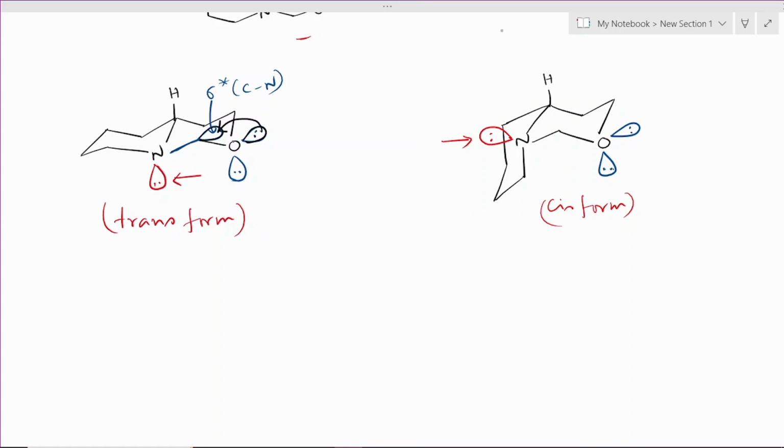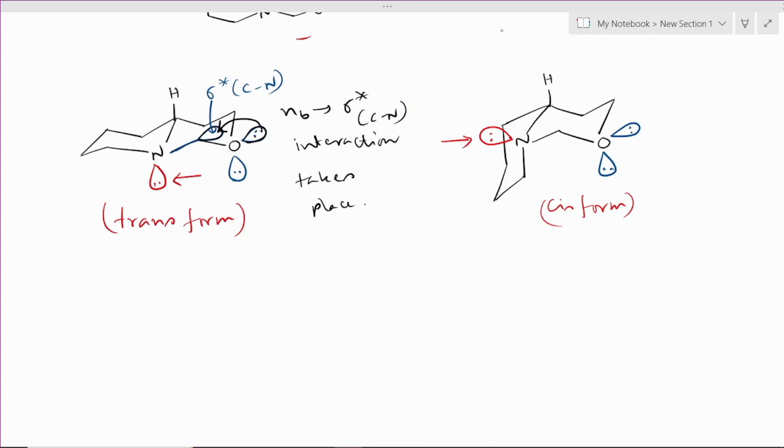So that non-bonding to sigma star of carbon nitrogen interaction takes place, and that is a no bond resonance type interaction.